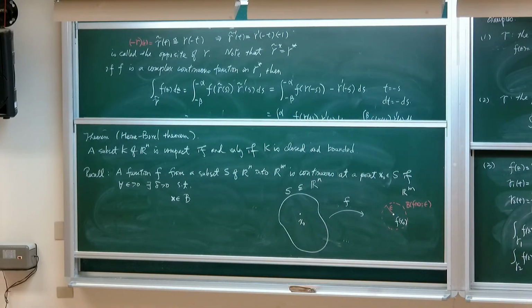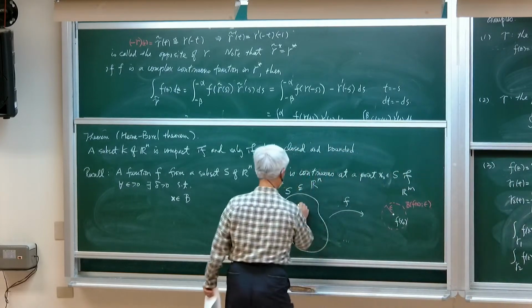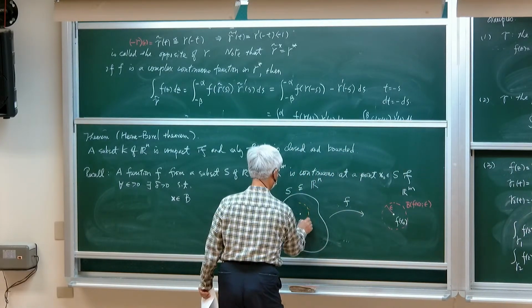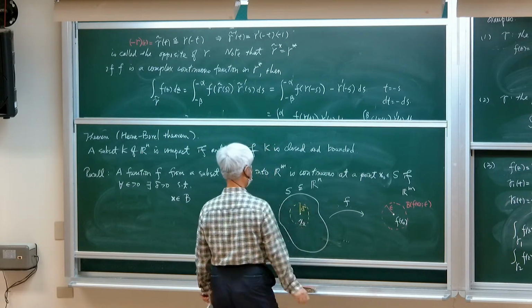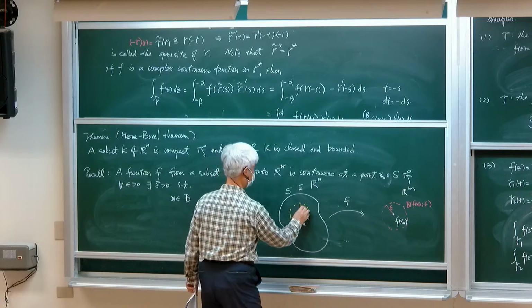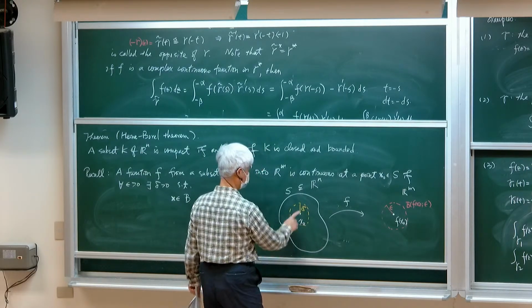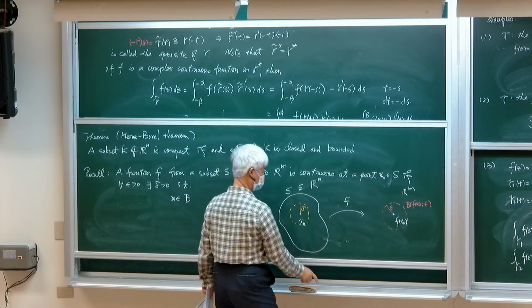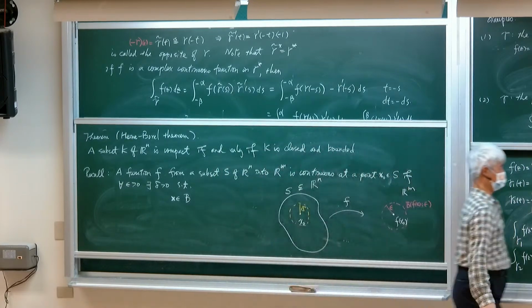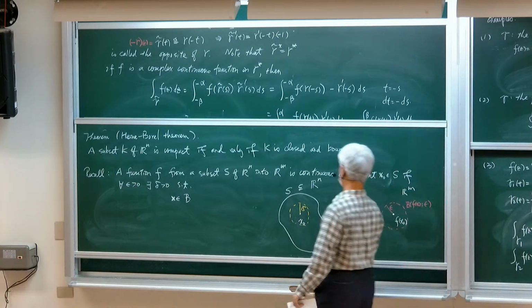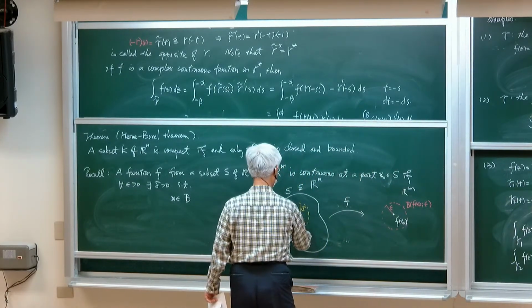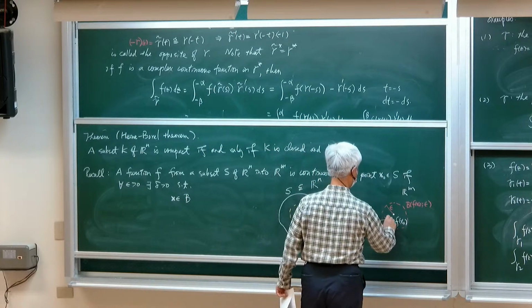So we can find a neighborhood of radius delta so that every point in this neighborhood will map to here.